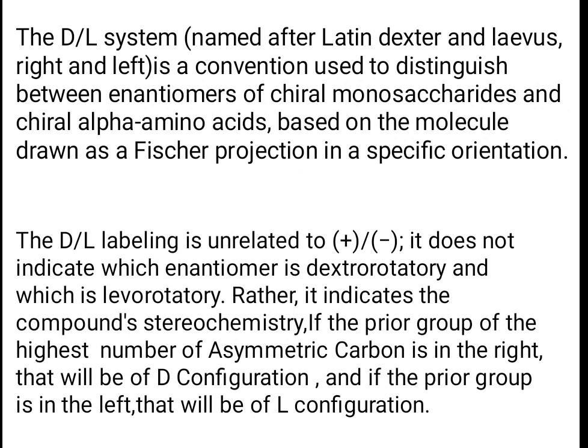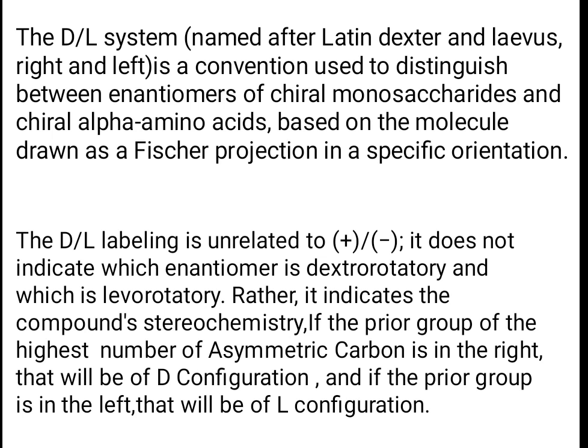The DL system, named after Latin dexter and laevus, which mean right and left, is a convention used to distinguish between enantiomers of chiral monosaccharides and chiral alpha-amino acids, based on the molecule drawn as a Fischer projection in a specific orientation. The DL labeling is unrelated to plus minus.